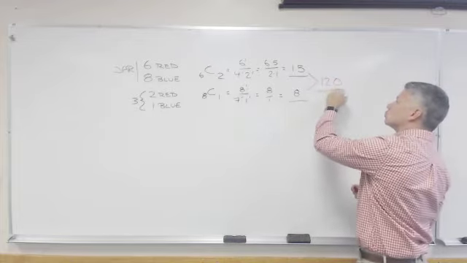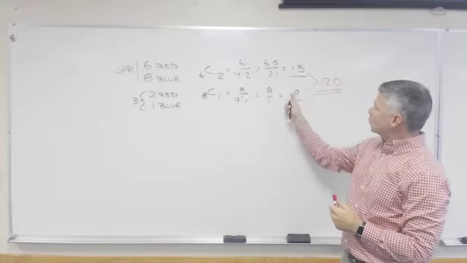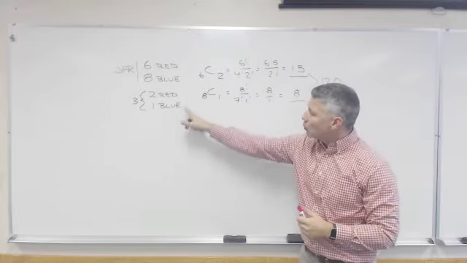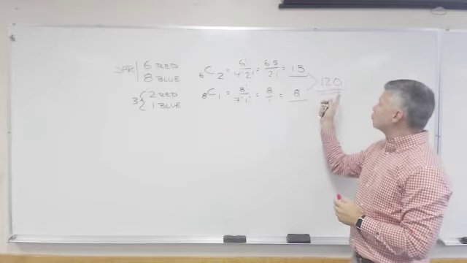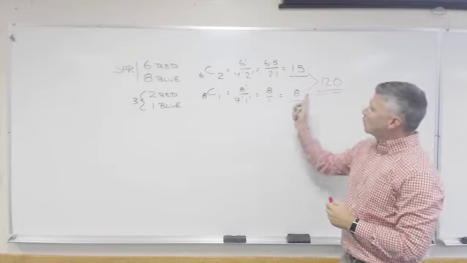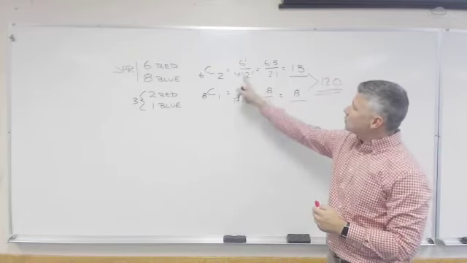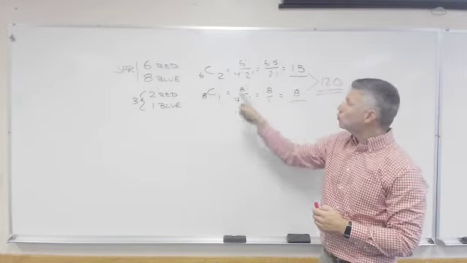So there are 120 total ways of getting 2 red and 1 blue. 15 ways to get 2 red, 8 ways to get 1 blue.